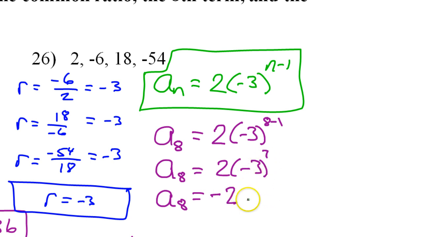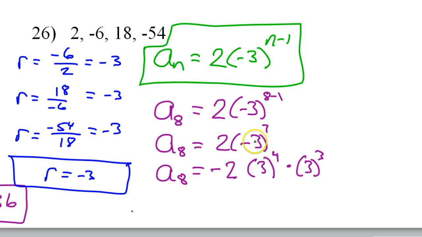I'm going to split up 3 to the 7th power as 3 to the 4th power times 3 to the 3rd power. I'm just splitting up the 7th power. I move the negative in the front, and 3 to the 7th is the same as 3 to the 4th times 3 to the 3rd.